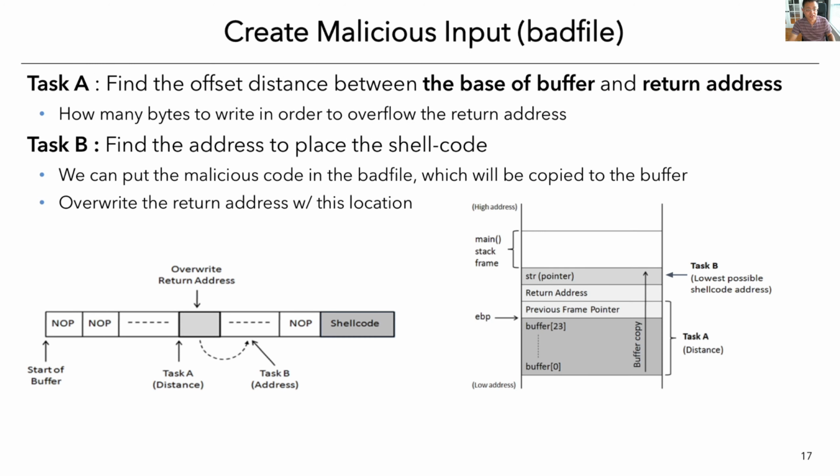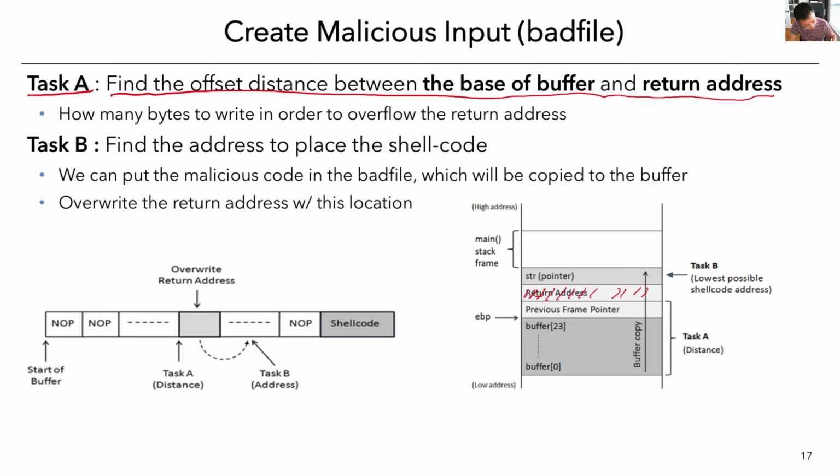Okay, so to launch this attack, as we have mentioned, there are two tasks. In task A, we need to find the offset distance between the base of the buffer and the return address, so we know where to put the hijacked return address.